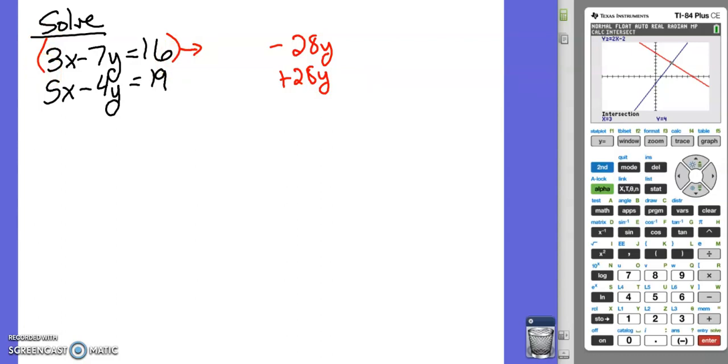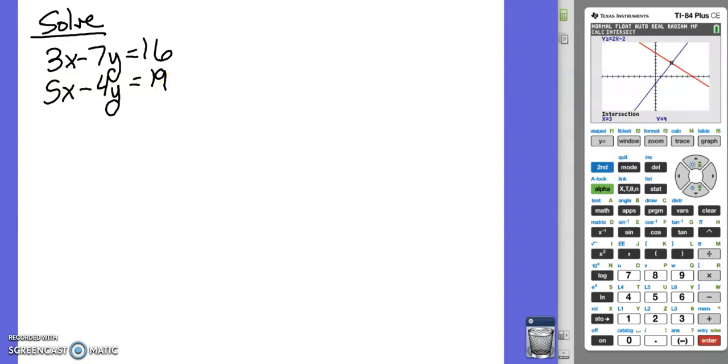So if I wanted the 7 to become a 28, I would need to multiply this whole thing by 4. And if I wanted the negative 4 to become positive 28, I need to multiply this whole thing by negative 7. So what you have to do is make a decision on what you want to cross out.